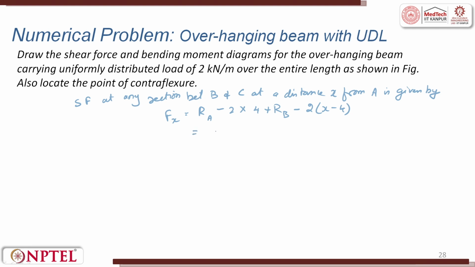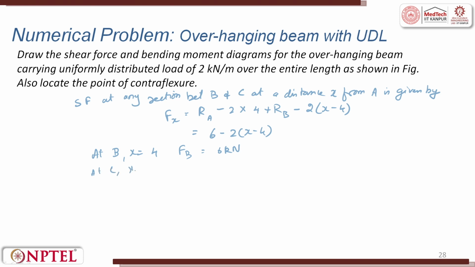So, when you solve it, you get 6 minus 2 into (x minus 4). So, at point B, x equal to 4. So, FB is equal to 6 kilonewtons.